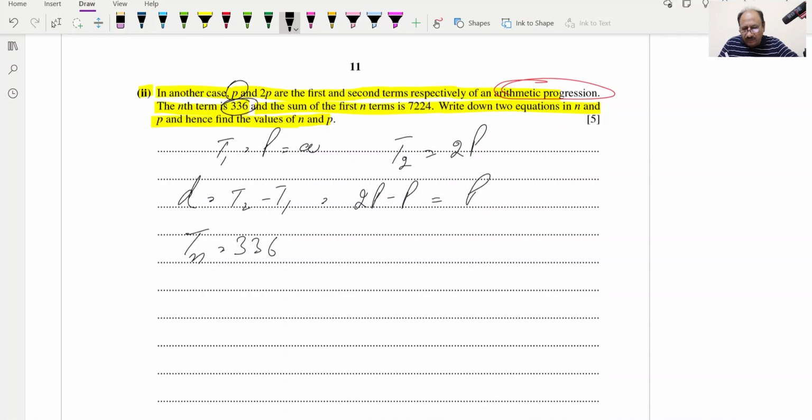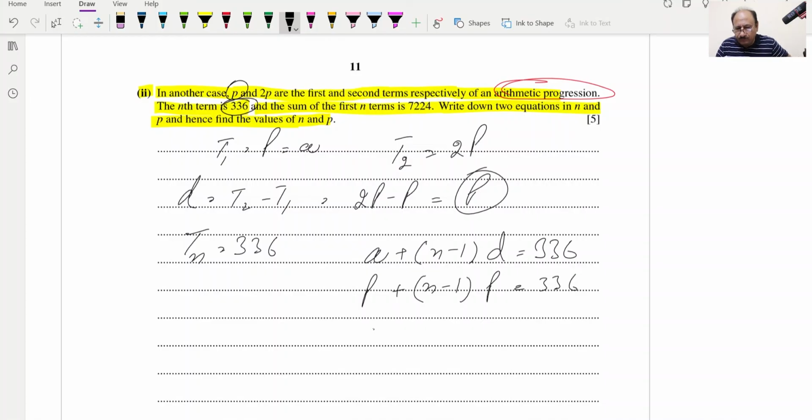And the nth term formula is what? a plus n minus 1 into d, and this is the nth term, equal to 336. So the a value is p, we will replace it, plus n minus 1 into the d value, which is also p over here, so we can write it is equal to 336. We can open the bracket, so it will be p plus np minus p is equal to 336. p and minus p will be cancelled and the remaining will be np is equal to 336.